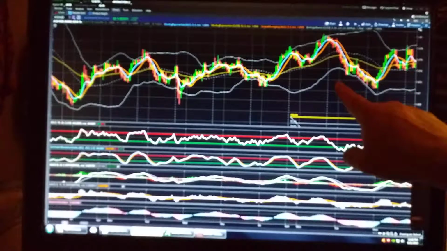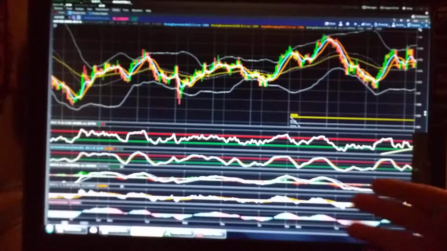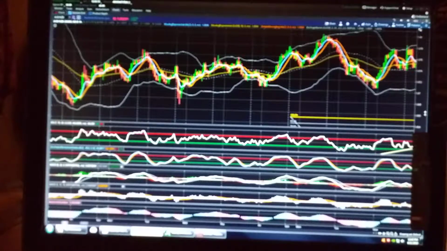And I have the grid lines showing the price levels. So I can use a price level, the Fibonacci tools and the tools of the platform. Because it's important to consider structure sometimes and the price levels.